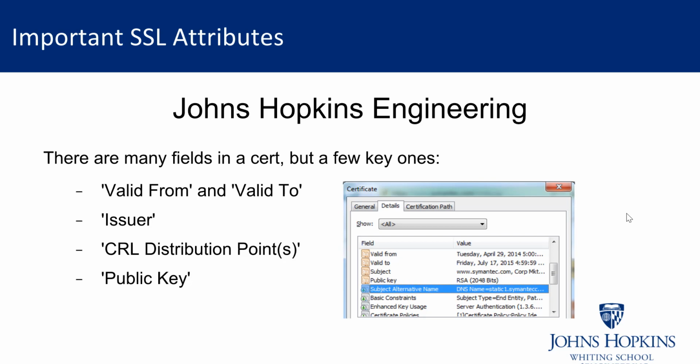Okay, and again, if we didn't trust the issuer, if the certificate appeared on the CRL somewhere, or if the valid from and valid to date have expired, then those are 3 reasons why we might want to not trust it. Otherwise, we're going to go ahead and assume that the public key that we're going to encrypt our random number with is indeed suitable and safe for use.